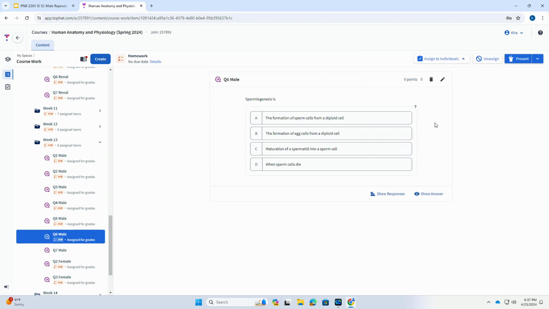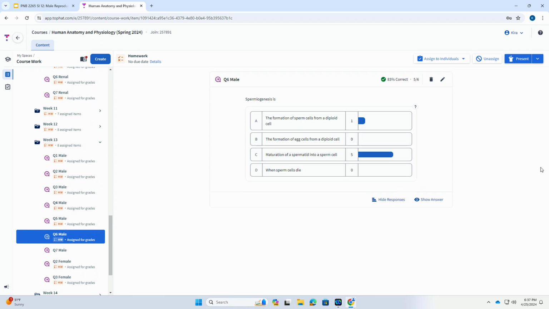Spermiogenesis is what? So spermiogenesis is maturation of the spermatid into the sperm.